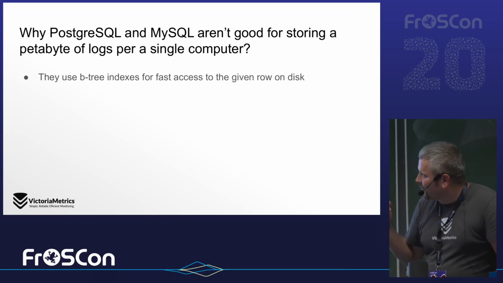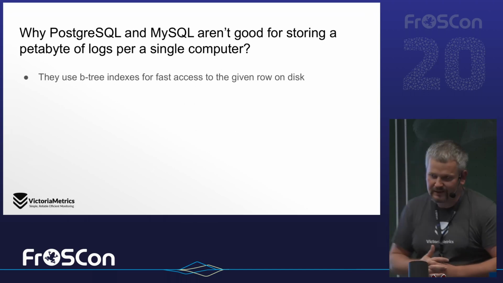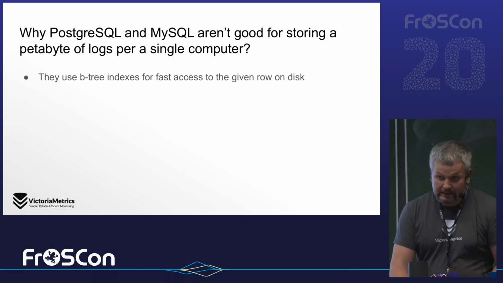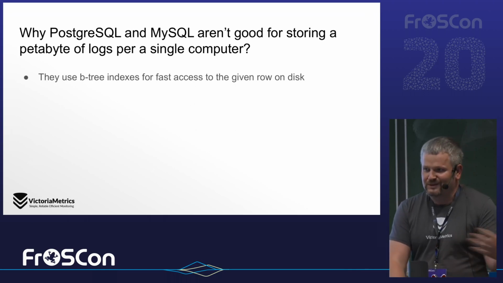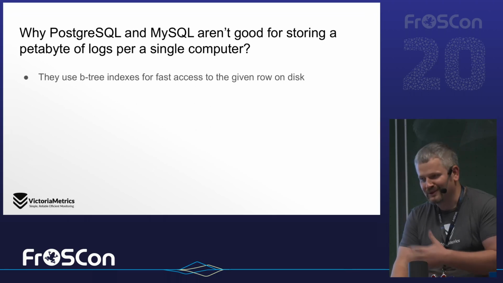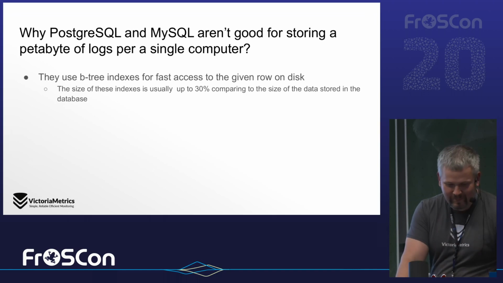MySQL and Postgres use B-tree indexes for fast access to the given row on disk. B-tree indexes serve well for traditional databases, but they do not serve well for logs. Why?